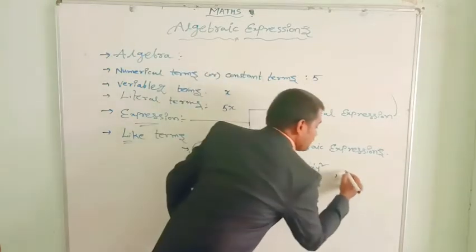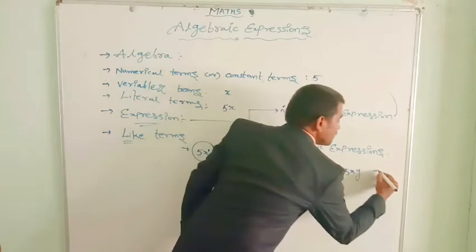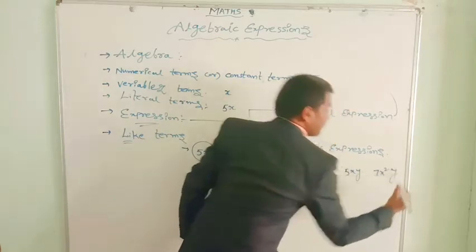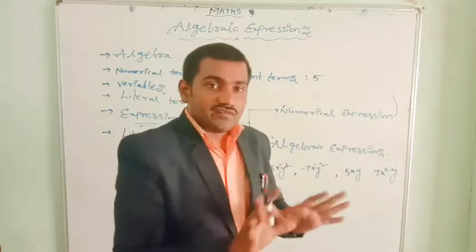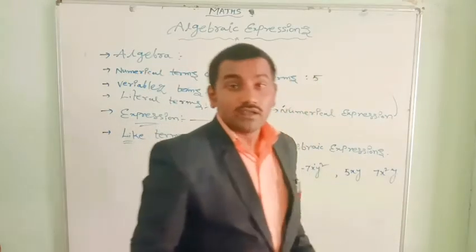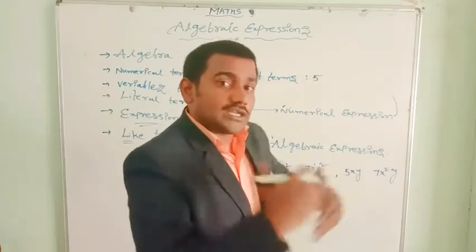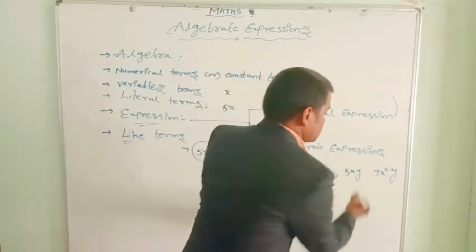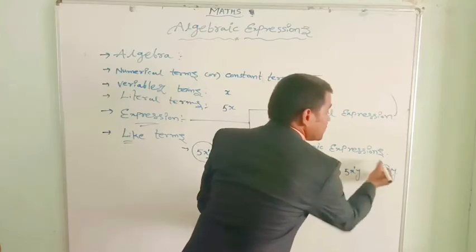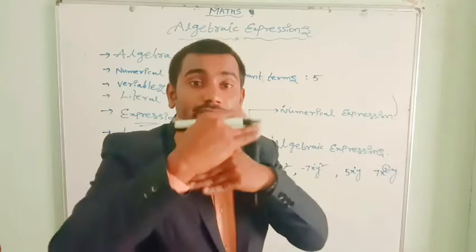Let's take some more examples now. 5xy, and 7x square y. Let's see, do they have the same variables now? Here we have variables xy and xy, same variables. Let's see their exponents. x exponent is 1, x exponent is 2. Here itself they are not the same exponents.